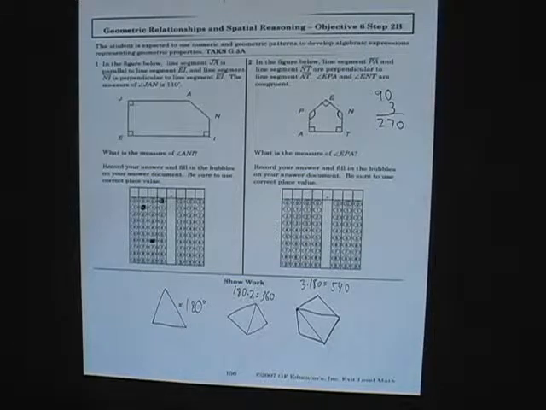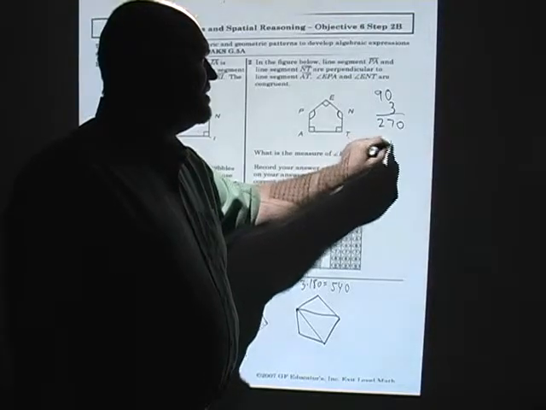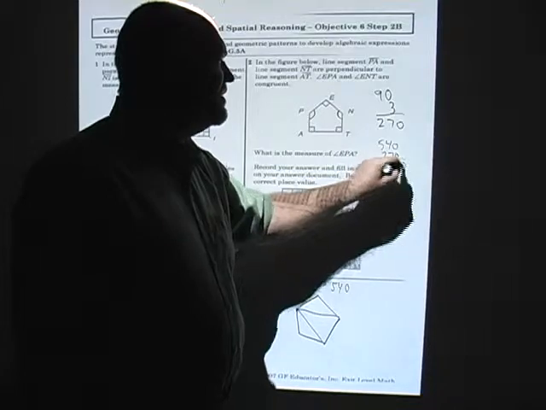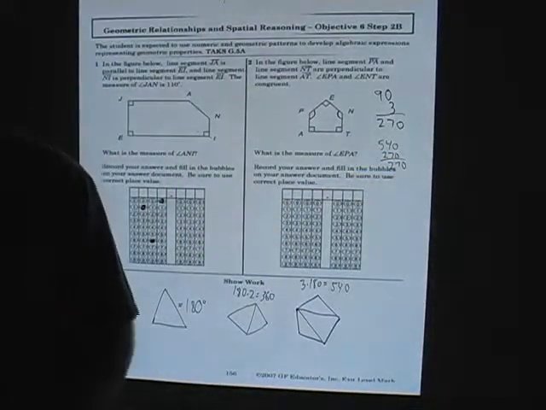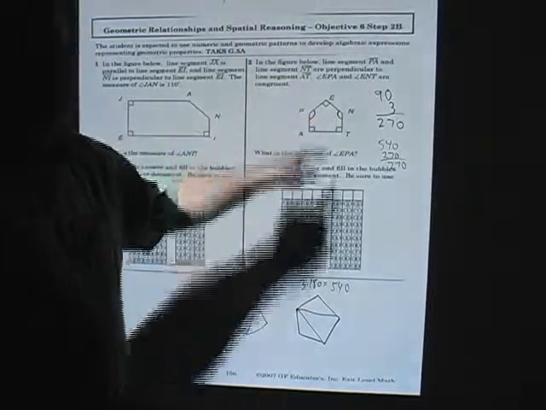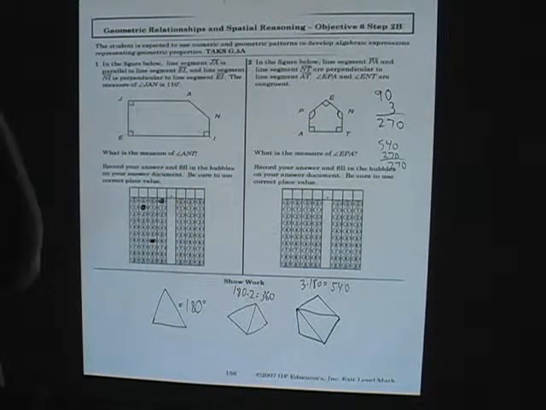Their measures are equal. So if we take the 270 away from the 540, it leaves us with 270, which is what we've got left here. These 2 angles have to add up to that remaining amount of 270.